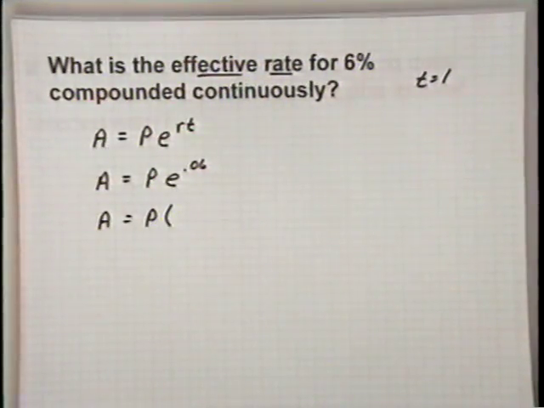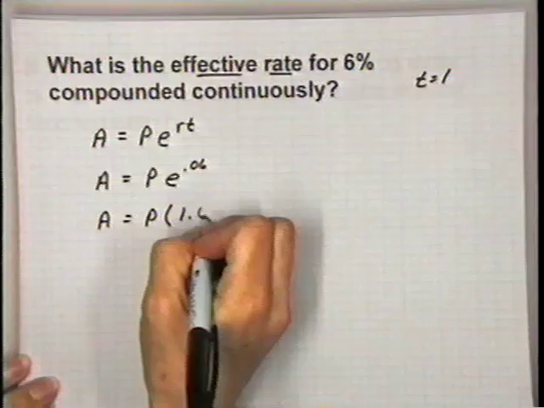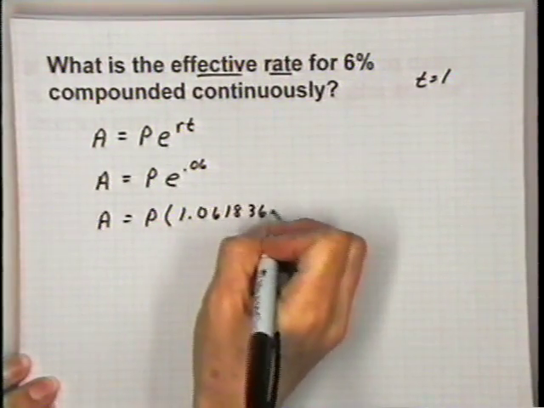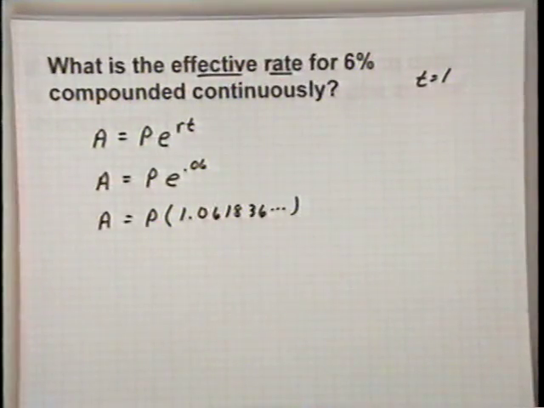So I'm going to get to my e to the x. My exponent is 0.06. And what I have here is 1.061836 with some more digits.